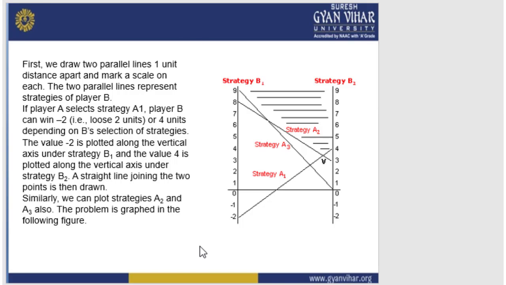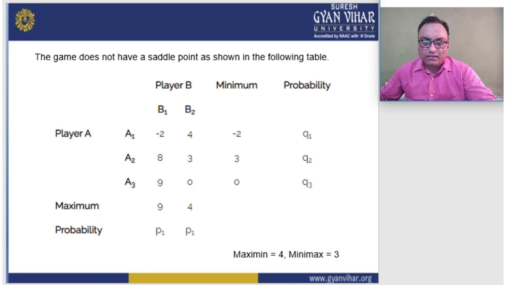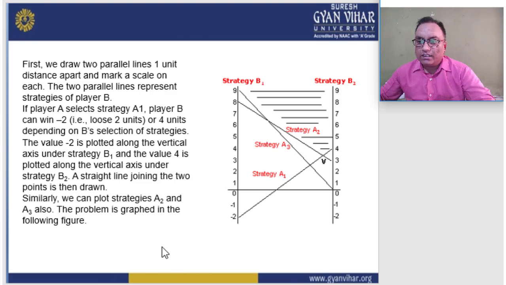So in this case, the values are -2, 4, 8, 3 and 9, 0. We draw them here. This is strategy B1 and strategy B2 is here.